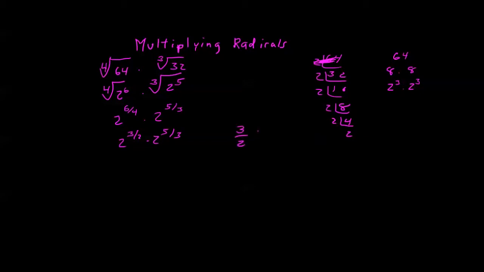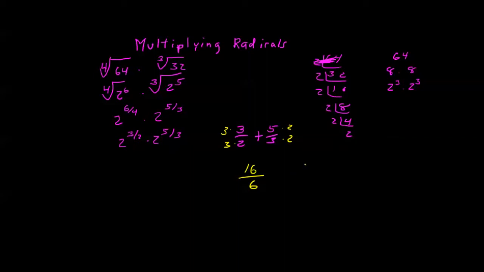3/2 plus 5/3. So we multiply by 3/3, multiply by 2/2 to get our common denominator of 6. 6 plus 10 is 16.